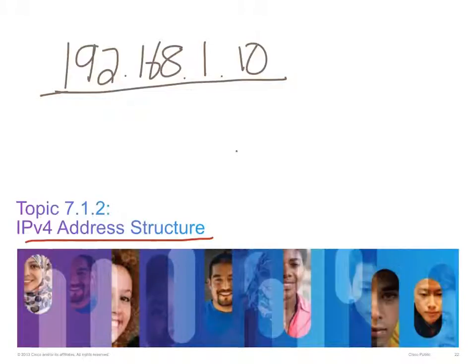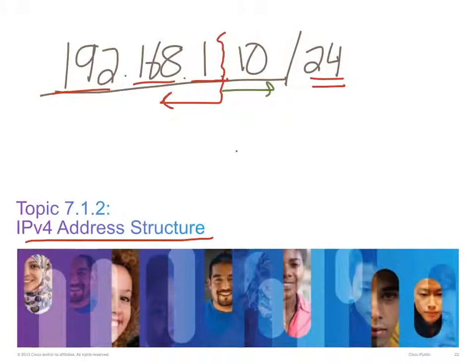If I did a /24, you should be able to tell me how much of that's the network address. /24, prefix bits, that means 24 bits. So there's 8, 16, 24. This part's the network, this part's the host.